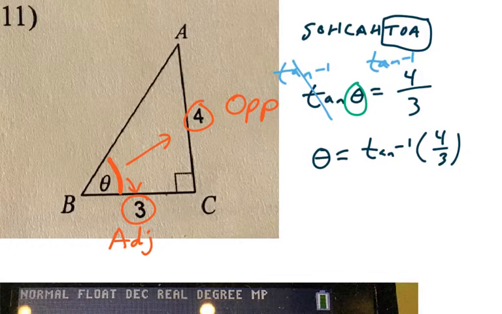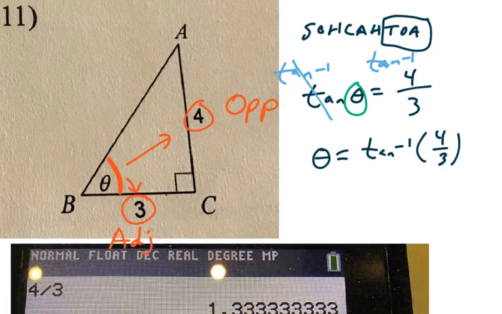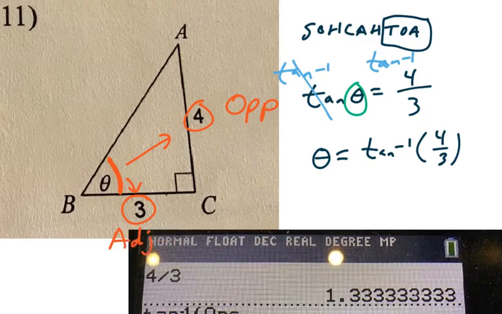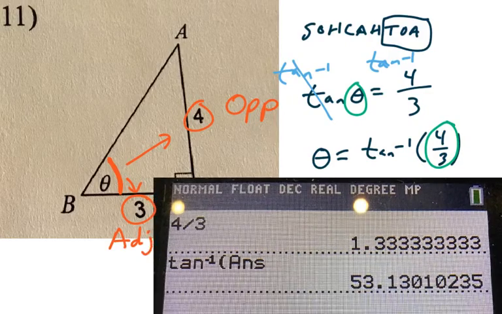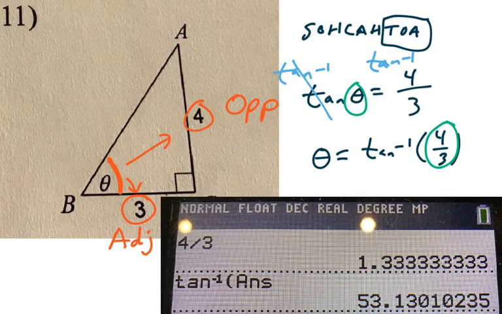And I so happen to have the calculator work done down here. So follow along here, guys. I know that 4/3 is 1.333. That's what I did right there, 4 divided by 3. And then, of course, the tangent inverse of this answer, 1.33 or 4/3, is 53.13.